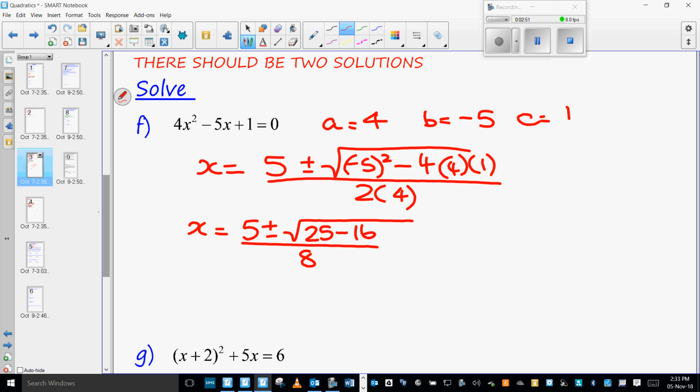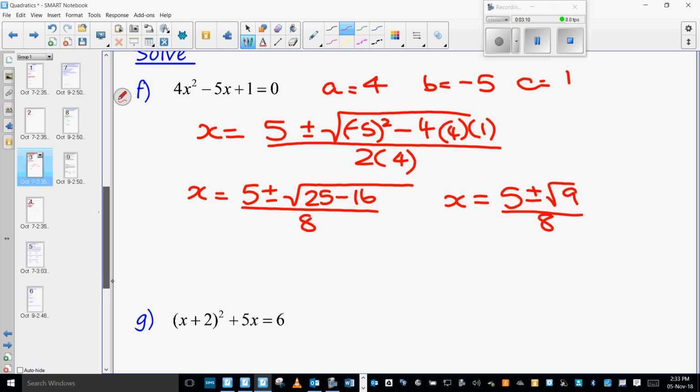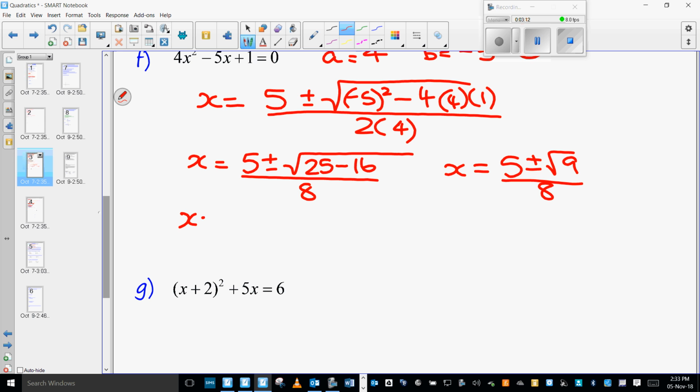So that's 5 plus or minus, what's 25 subtract 16? 9. And what's the square root of 9? 3. So we've got x equals 5 plus or minus 3 over 8.